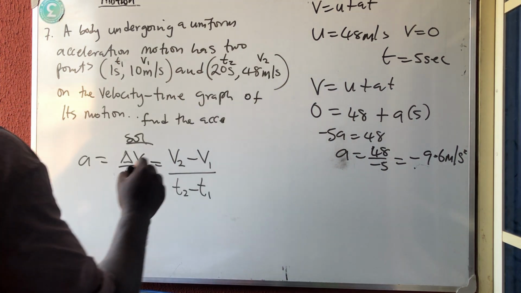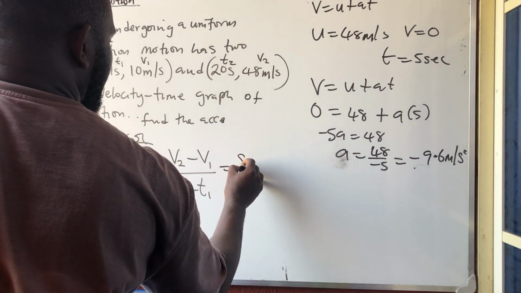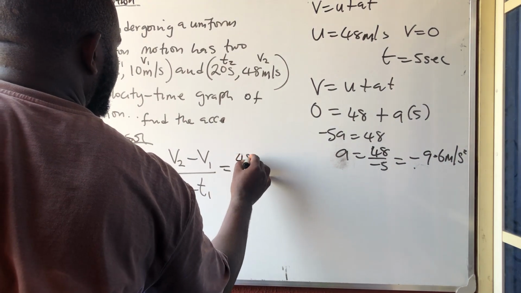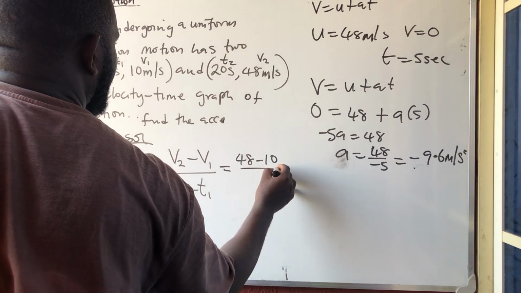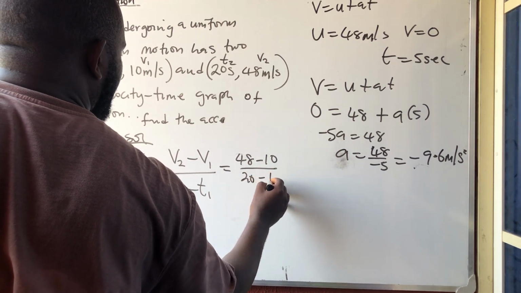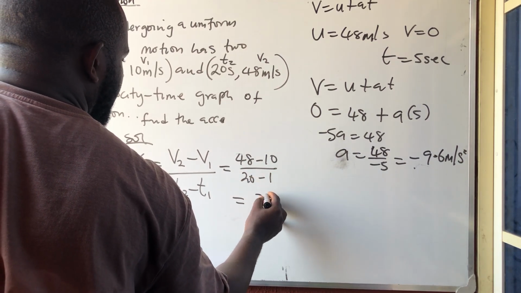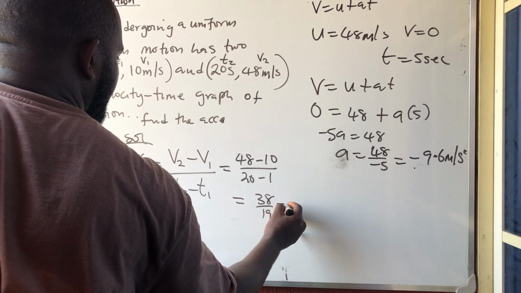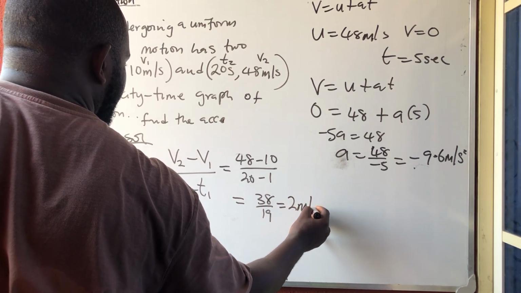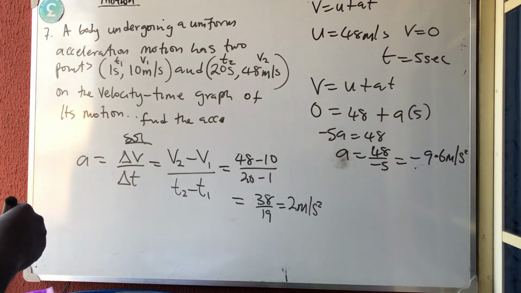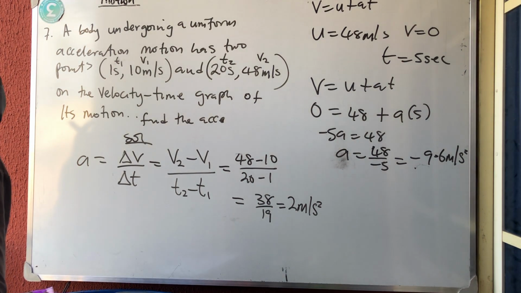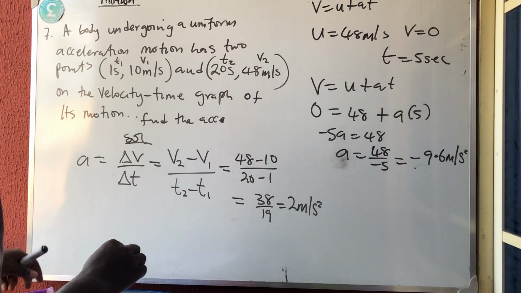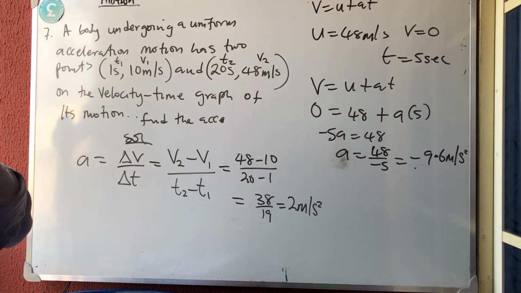So this is equal to 48 minus 10 all over 20 minus 1. So I'm having 38 over 19, which is 2 meter per second square. You see? Very, very simple.